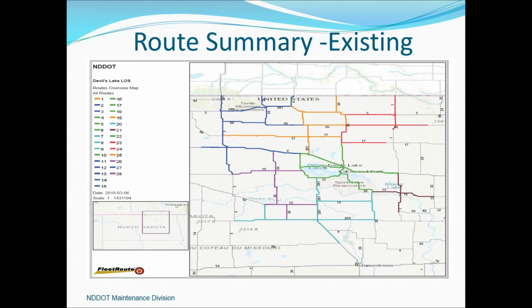This is the results when you plotted on a district map, and then we eventually put these on statewide maps too. I should say that you put all those inputs in. The company, it's an iterative process, so the program does a lot of the generating, but then there's an operator that works from one side of your state to the other, making sure all of the turns match up and every mile of road is covered.